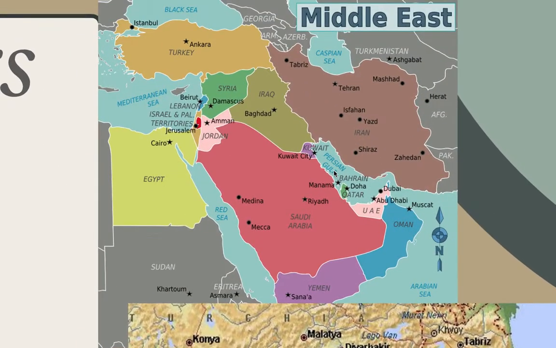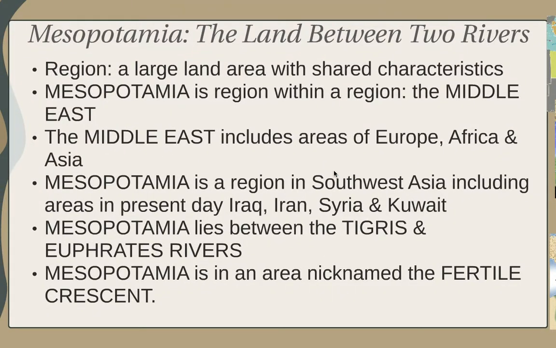So let's go back to the notes for a second and look at that. Mesopotamia means the land between the rivers. Its name comes from Greek because many of our terms in history come from the Greeks. And the 2 rivers, the Tigris and Euphrates River, are really crucial in attracting people.